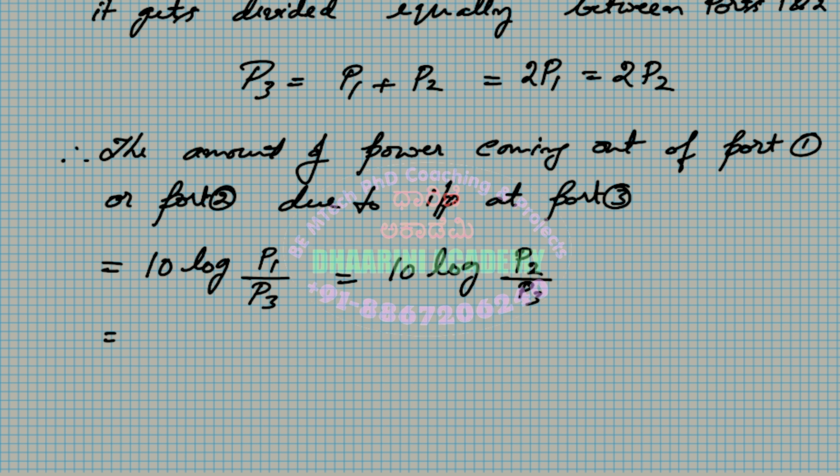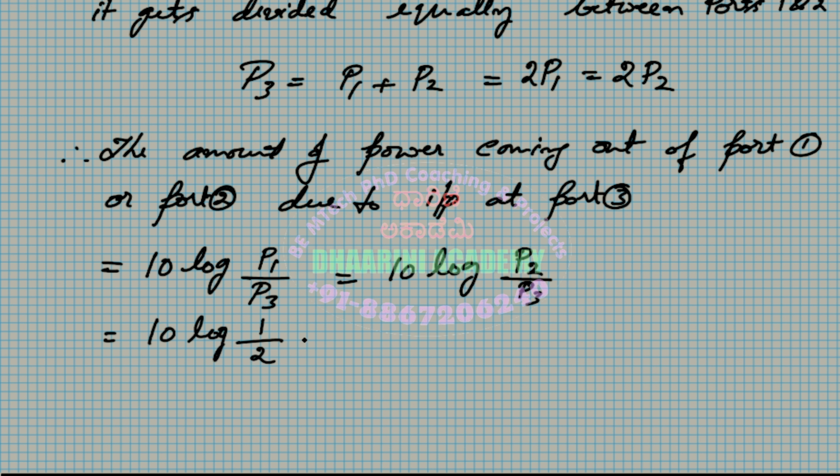It would be minus 3.01. So you can put P1 by P3 as 10 log of, if you take that as 1, this is 2, so 1 by 2 in both cases.